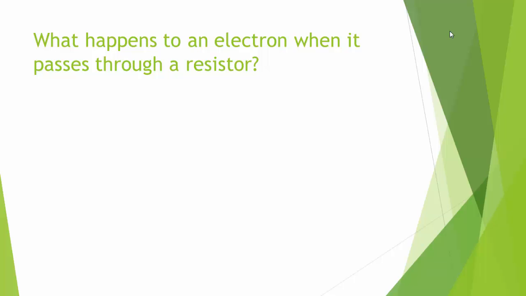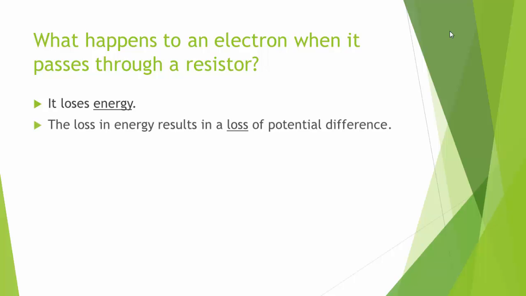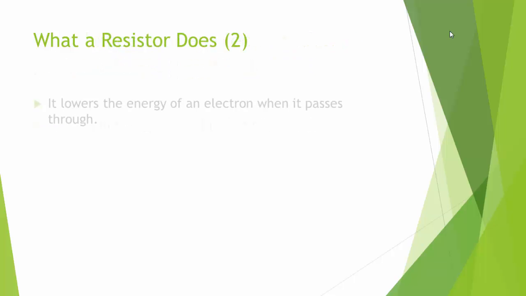Okay, so then what really happens to an electron when it passes through a resistor? The answer is it loses energy. That loss in energy, we know that it's the case because resistors heat up and other devices do work. And that loss of energy results in a loss of potential difference.